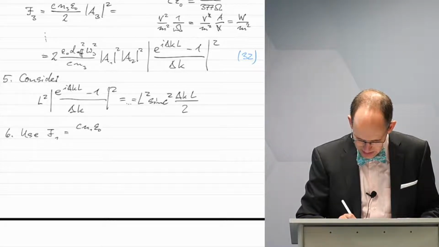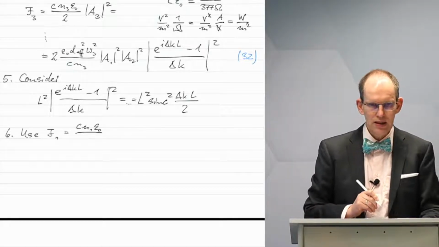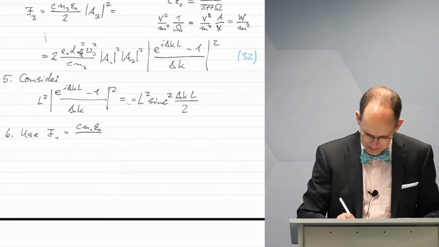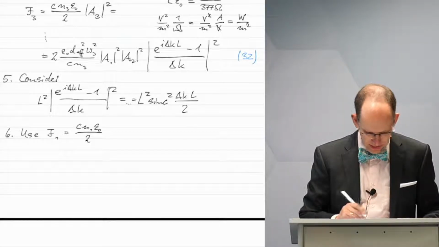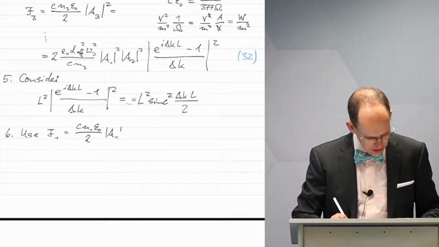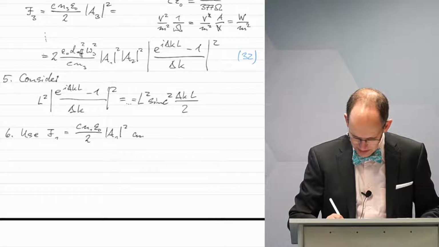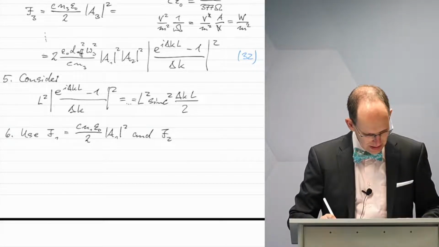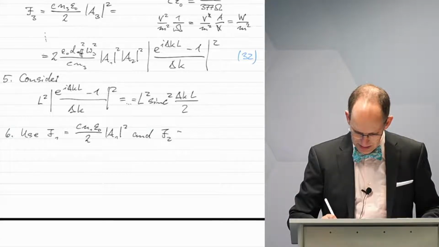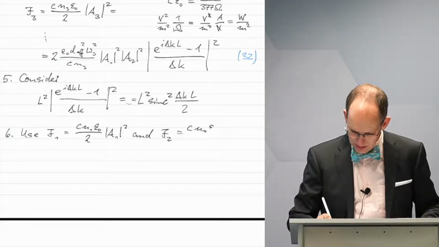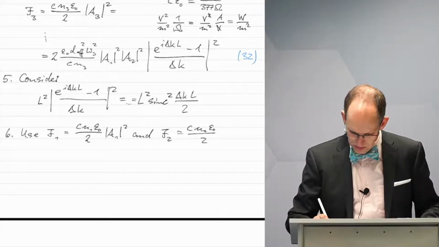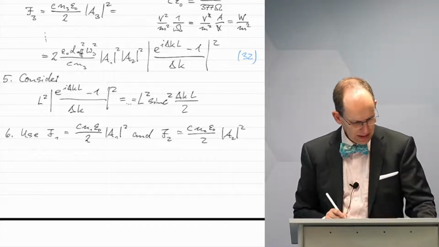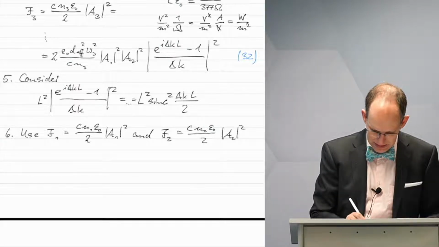Once again, c times epsilon 0 is the inverse of the vacuum impedance, 377 ohms, which is easy to memorize in contrast to the rest. And the same for c times n2 times epsilon 0 divided by 2 times the magnitude of A2 squared.